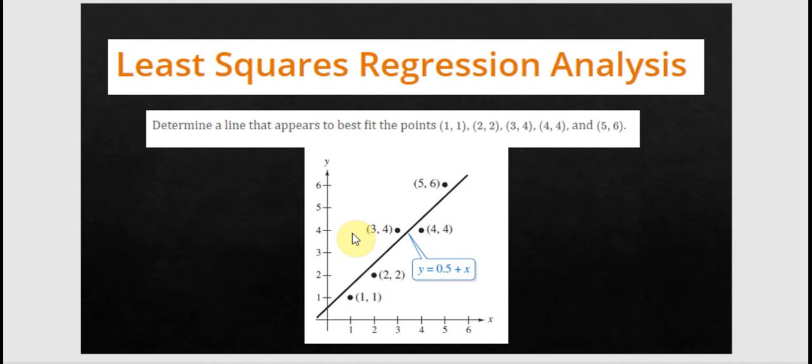Also, in computer programming, you will find that there are some codes that are written in regard to least squares regression. It tries to approximate given data points: do these points produce a line? Well, what line? And then what's the best line?